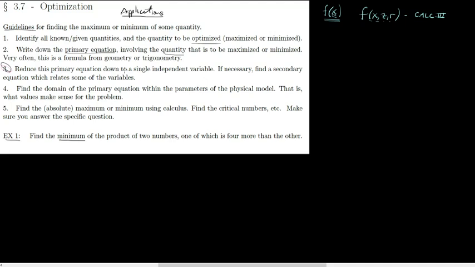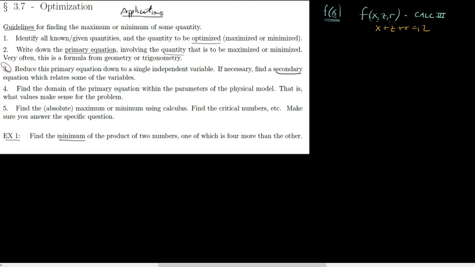And the way to do that is to find a secondary equation that relates the two variables, or in this case, the three variables, right? So if we have, say, an equation or two that relates x and z and r, it might be something like x plus z plus r equals 12, right?